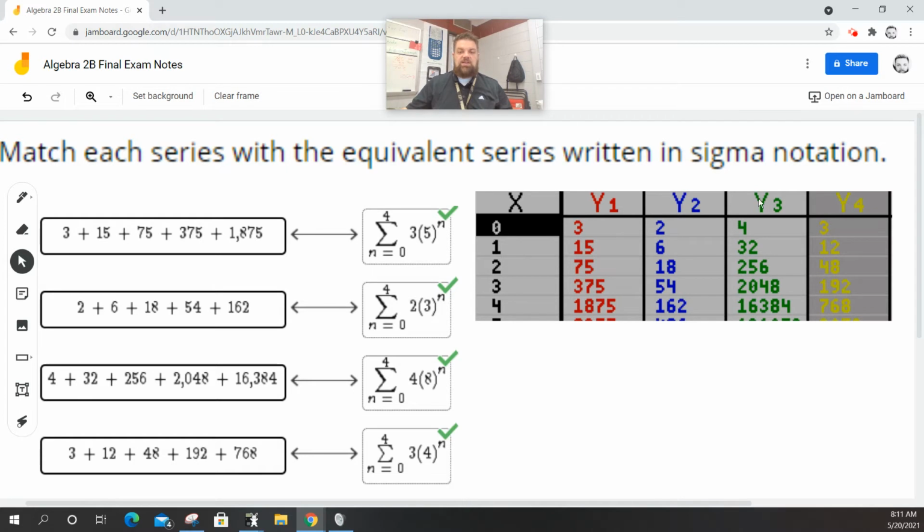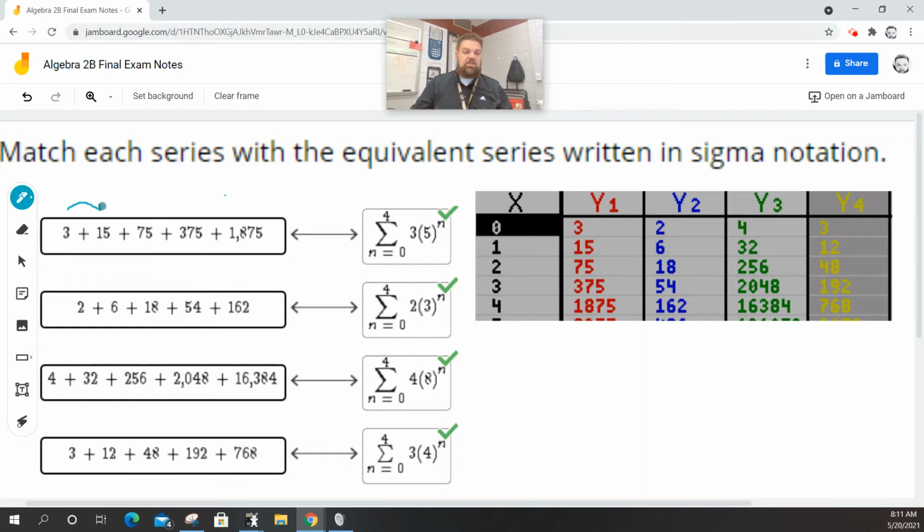This one's accurate because it's 2, 6, 18, 54. In other words, we're multiplying by 3 to get the next number. That's what this means. This one we're multiplying by 5 to get the next number. That's a shortcut way to do it.